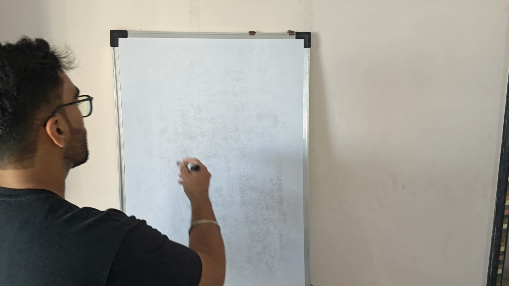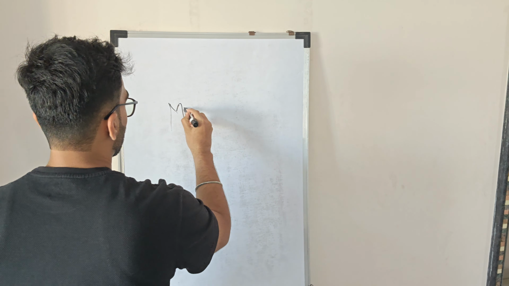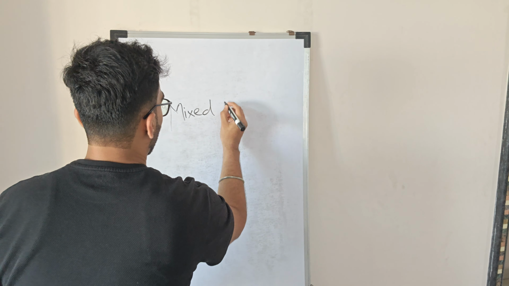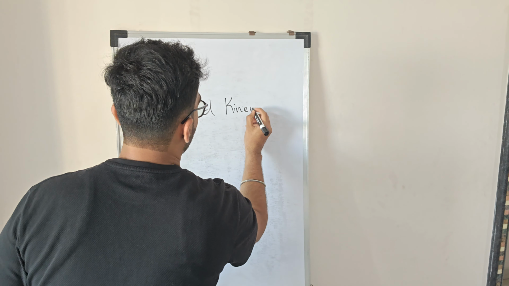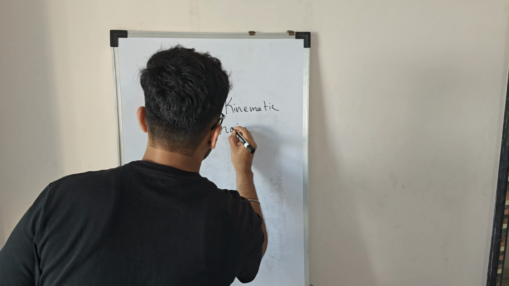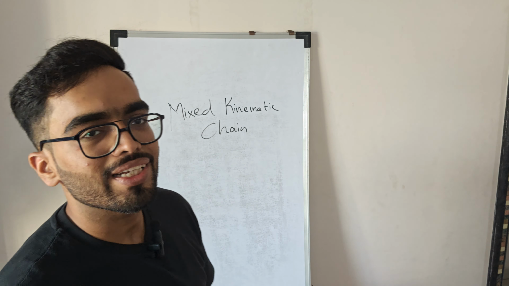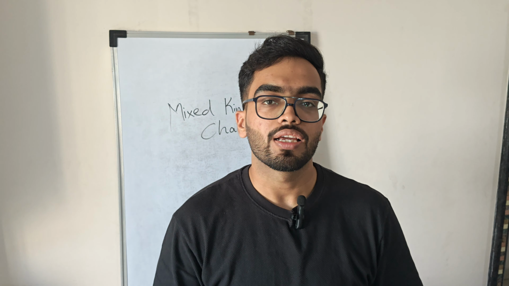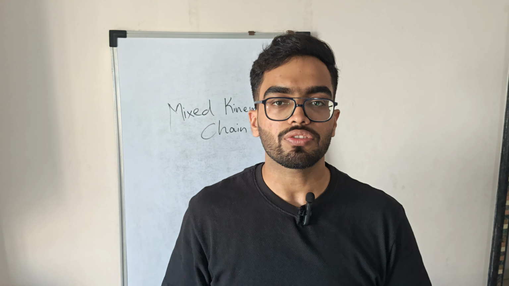So now there is another term called mixed kinematic chain. So what is it? So let's take an example, your leg press. In that condition, your hip is fixed as well as your feet are fixed.